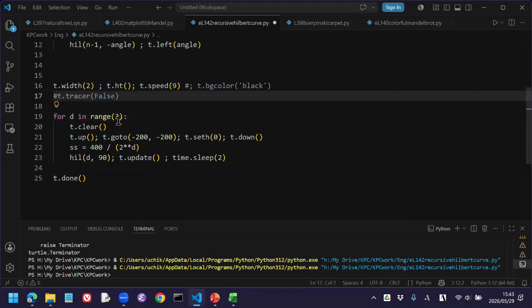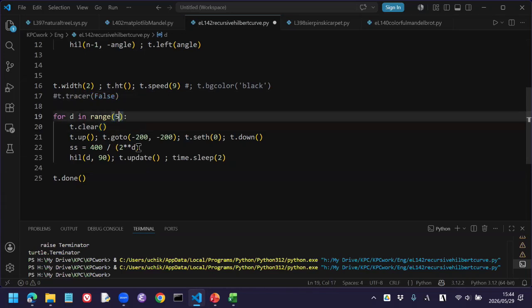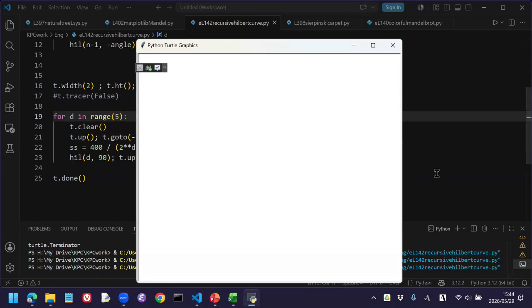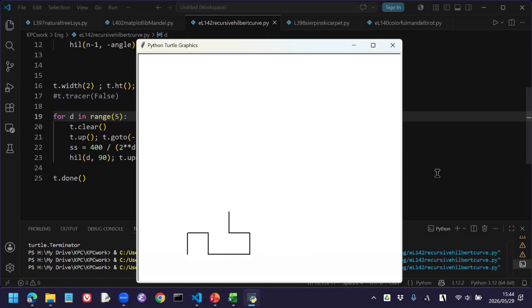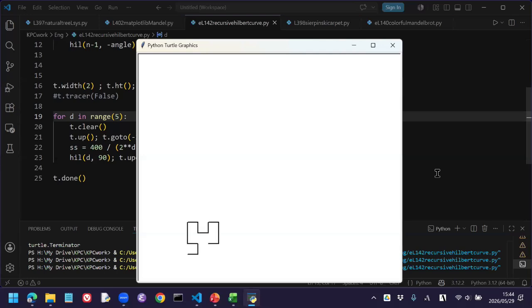Tracer on, and let's see how it goes. 0, 1, 2, 3. Yeah, it's moving very interestingly, but this is what we want. This is very good.